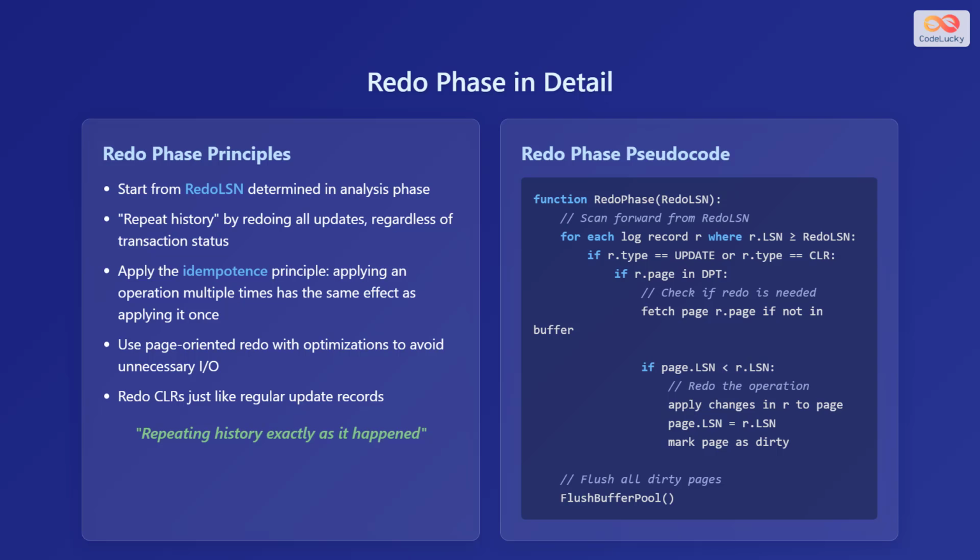Then if the record page is in the dirty page table, the page R.page is fetched if it is not in the buffer. If the page's LSN is less than the record's LSN, then the changes in R are applied to the page. The page's LSN is set to the record's LSN, and the page is marked as dirty. Finally, all dirty pages are flushed.